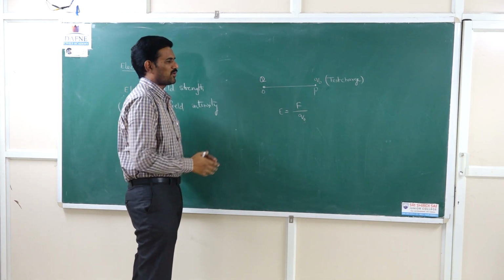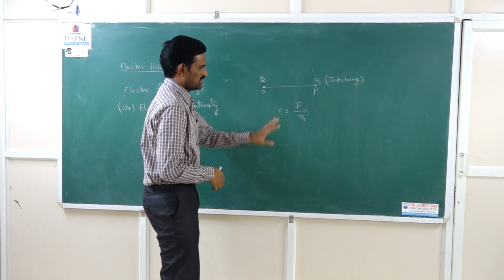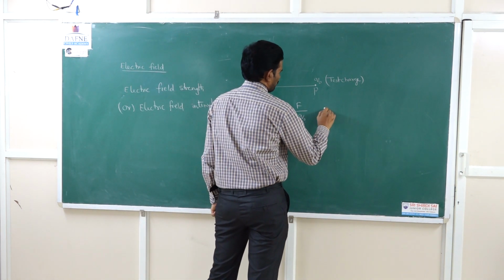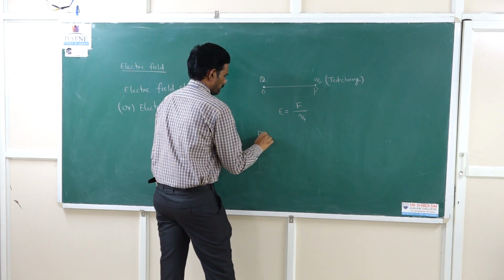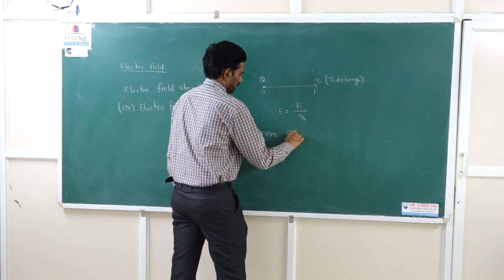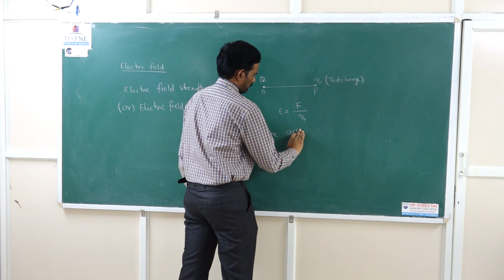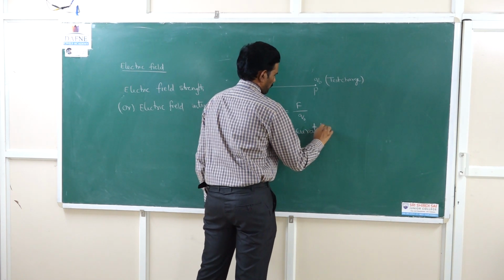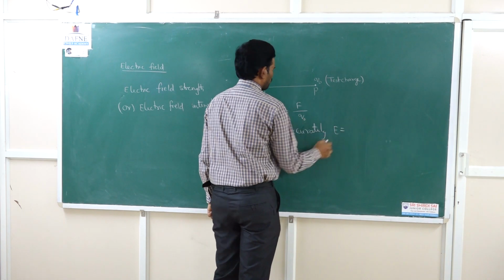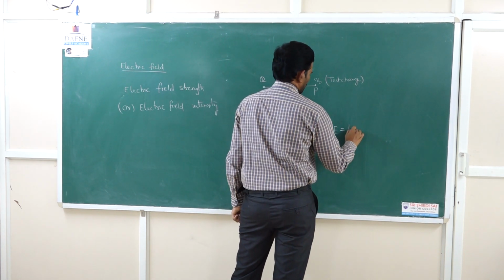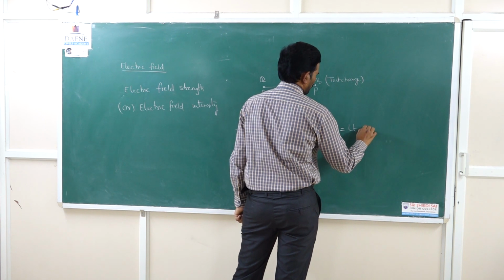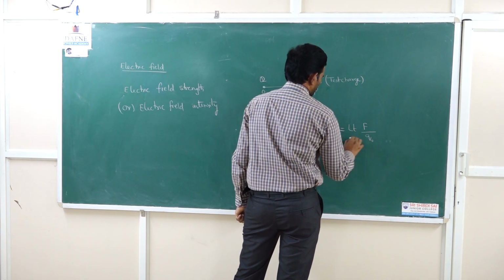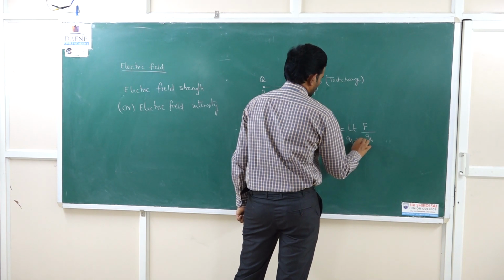That means, more accurately to define this, generally we write like this, and more accurately we can express like this. So more accurately this electric field can be expressed as limit F by Q naught, where this Q naught tends to 0.